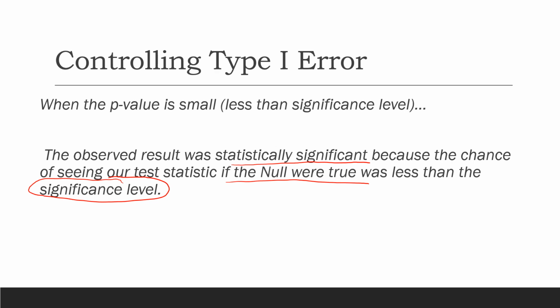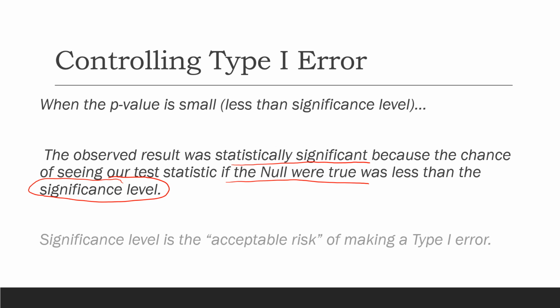And so what we can think of the significance level as being is the sort of acceptable risk that we're willing to take of making a type 1 error. And so if you were to choose a level other than 5%, it should be based on the relative importance that you think there is of making a type 1 error.